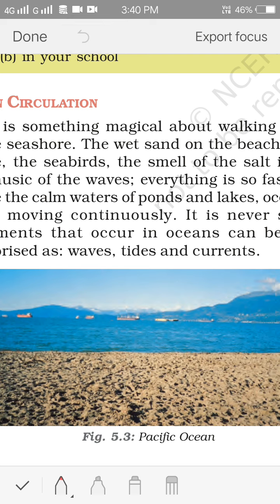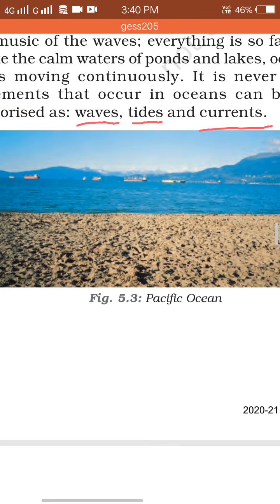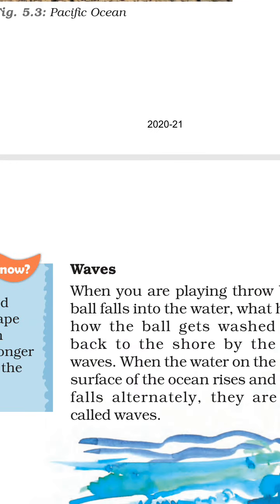We can categorize the movements of the ocean broadly as waves, tides, and currents. First of all, we will understand about waves.